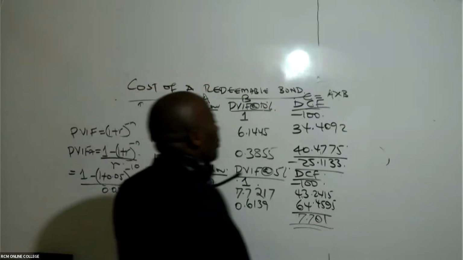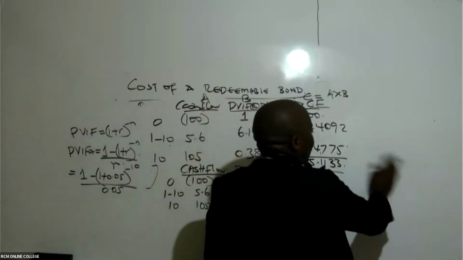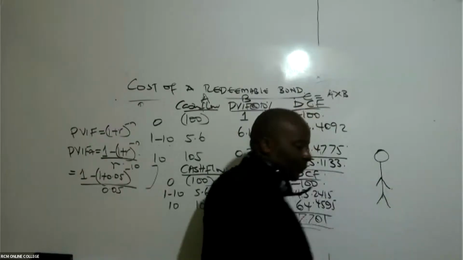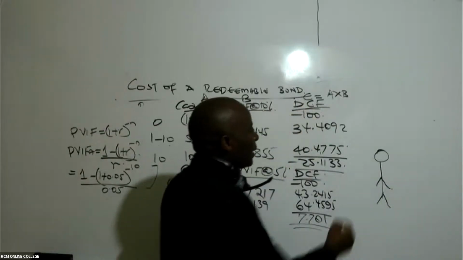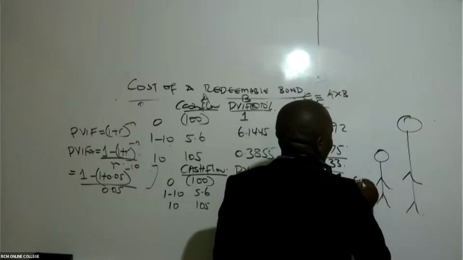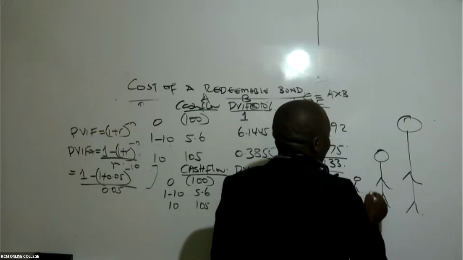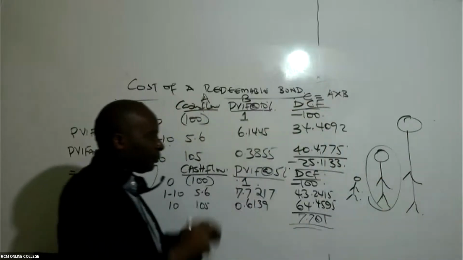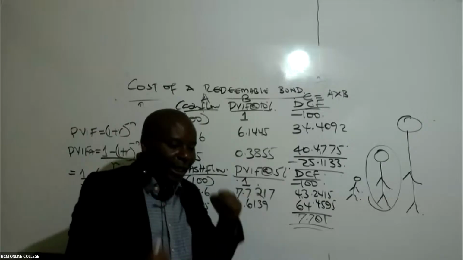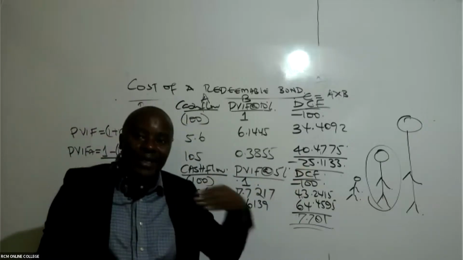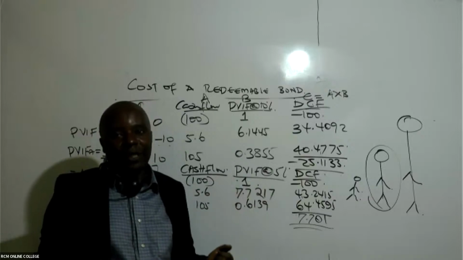I told you, whenever you're getting IRR, it's like you are in some wrestling match, and you're always at the middle. The first match, you are beaten because you got a negative NPV.